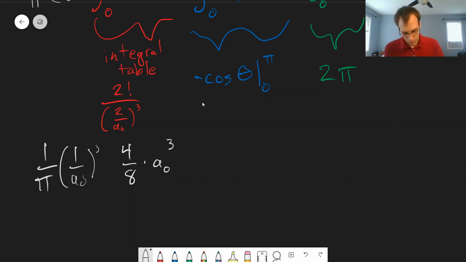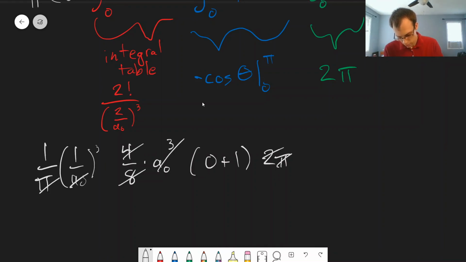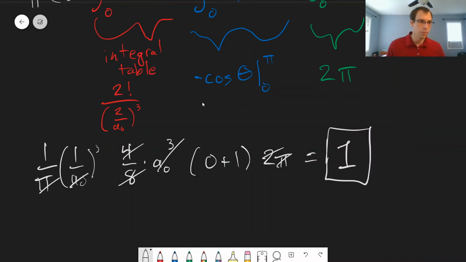We end up with 0 plus 1, and we end up with 2 pi. Okay, so our a naught cubes cancel, our pi cancels here. We get 2 times 4 cancels here, and overall we get 1 as we should for a normalized wave function. All right, and so that just walks you through an example of the process of how we actually do one of these integrals where we're looking at spherical coordinates.